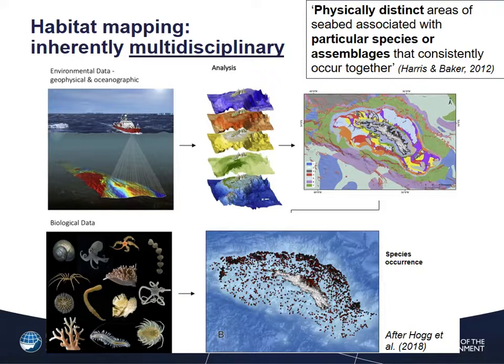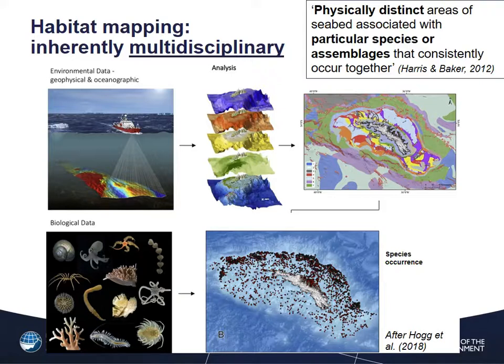We have to gather information about the abiotic or physical environment, combine that with biological data, and in most cases the biological data is only known at specific point locations, while the environmental data is more often known as a spatially continuous data set.